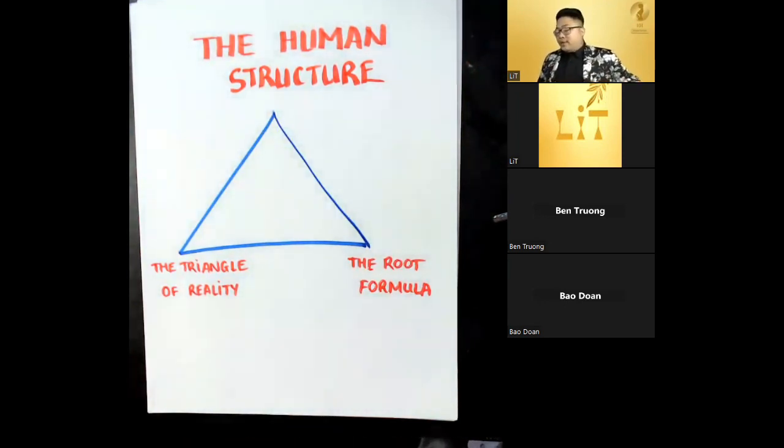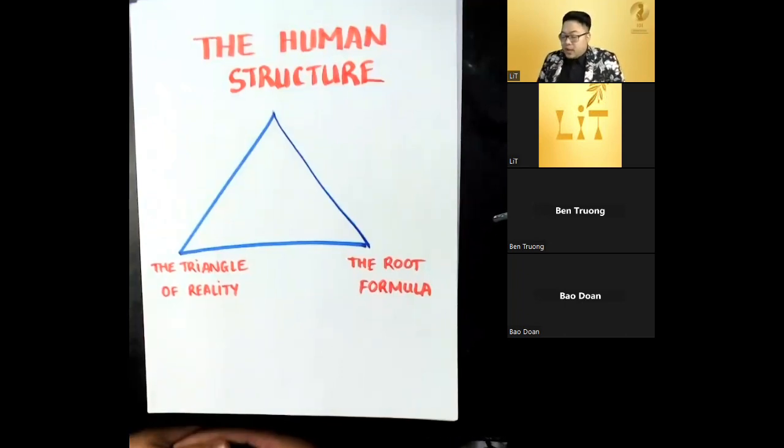So as we discussed, all three of these semantic reference systems are essential. The root formula is the reference system that can help us get to the very foundation of information, to the very root of the problem.